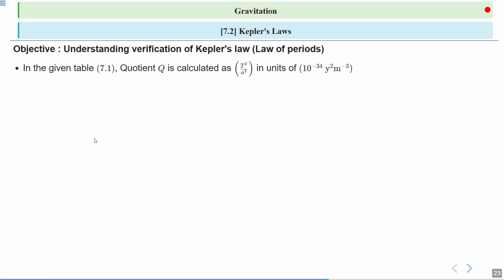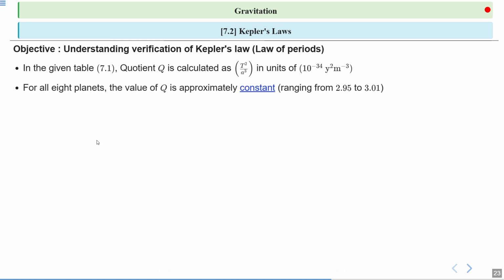So in the given Table 7.1, the quotient Q is calculated as T square upon a cube in units of 10 raised to the power minus 34 year square per meter cube. For all 8 planets, the value of Q is approximately constant, ranging from 2.95 to 3.01.